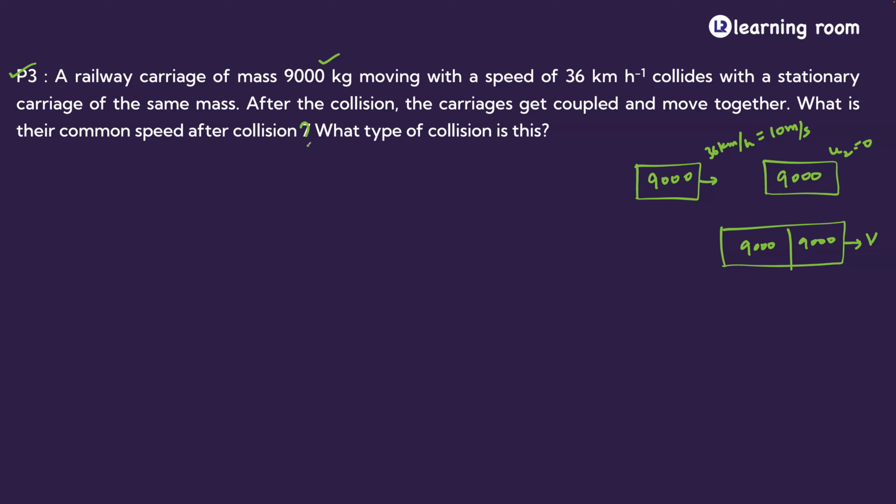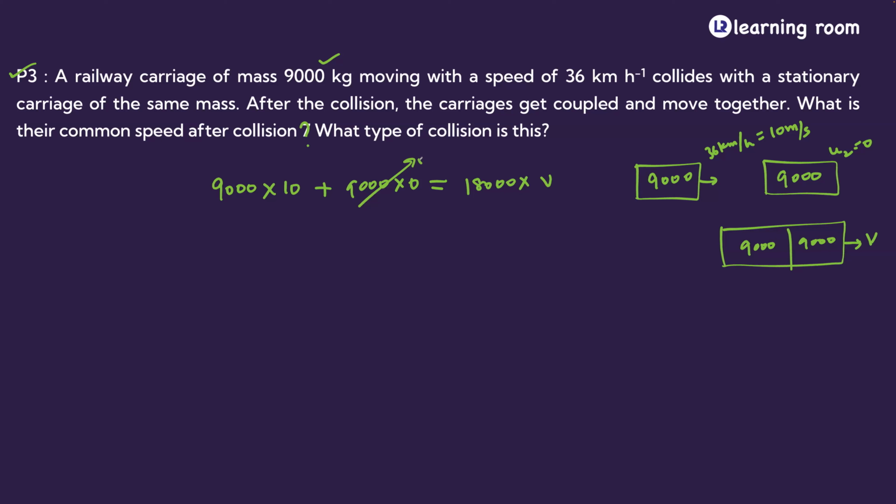Since it's a perfectly inelastic collision, it is only the linear momentum that is conserved. So the initial momentum of the system is going to be 9,000 into 10 plus the initial momentum of the second object, 9,000 into 0, is equal to 18,000 into common velocity v.